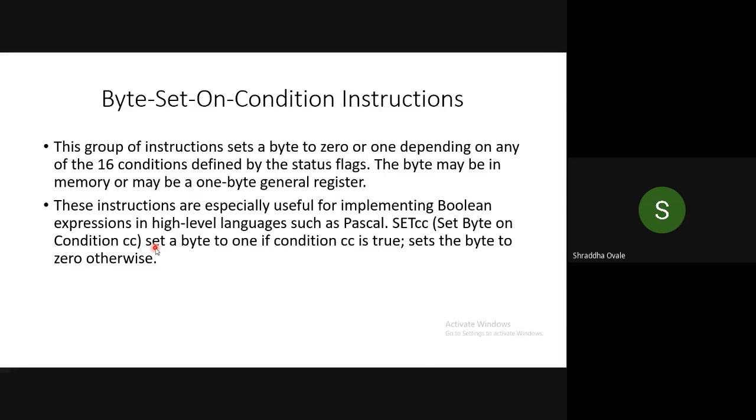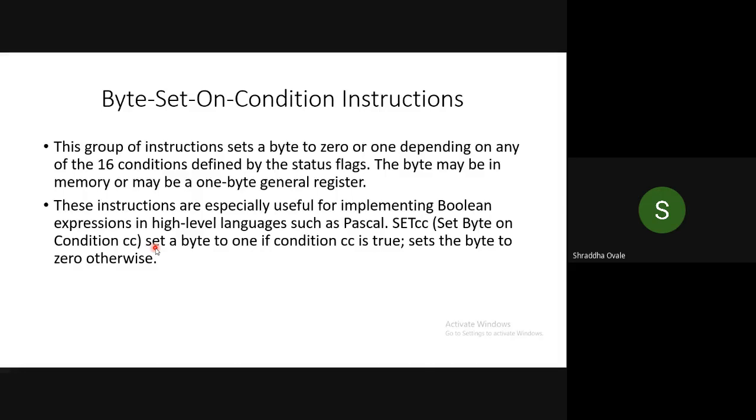Whenever this instruction is executed, this group of instructions will set your byte to 0 or 1, depending on any of the 16 conditions that are defined by the status flags. Whatever be the condition of your status flags, this SETcc instruction will set your byte either to 0 or 1, depending on the status of your flags.